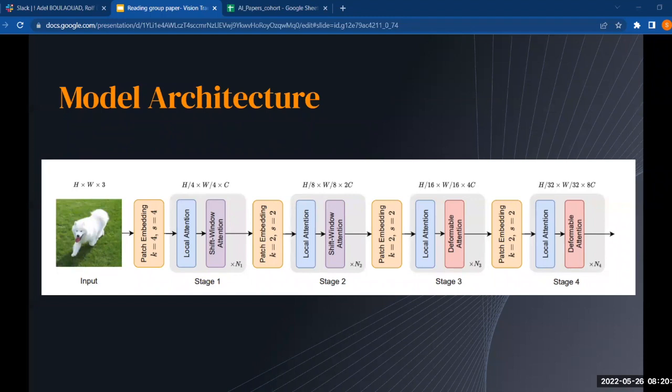So now coming back to this model architecture, in the 3rd and 4th stages, they introduce successive blocks of local attention and deformable attention. The local attention generates the local tokens. These local tokens, after being generated, are passed on to the deformable attention block.